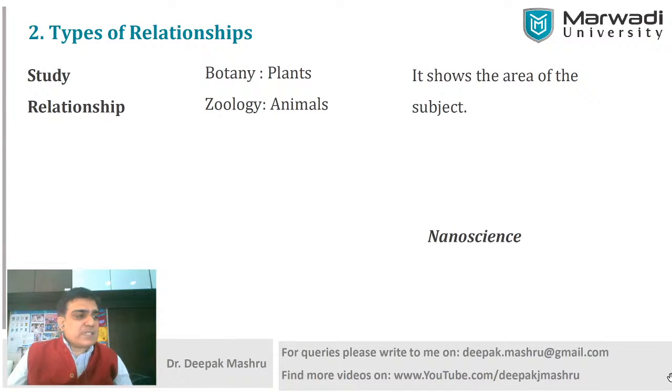Then the next one is study relationship, right? That means botany is a branch that studies plants. Zoology is a branch that studies animals. So what does nanoscience study?